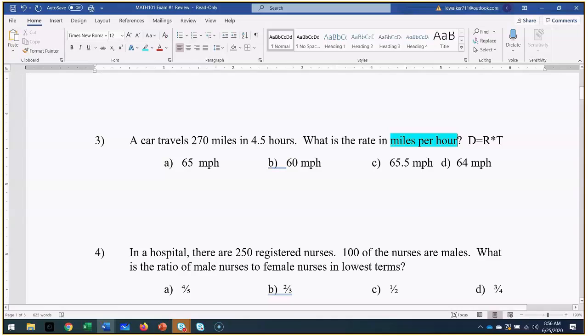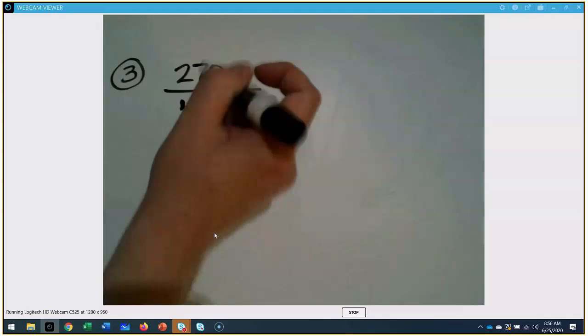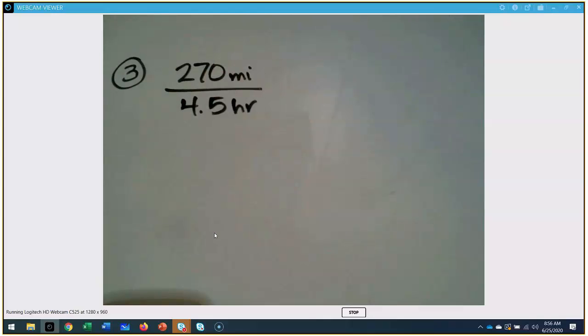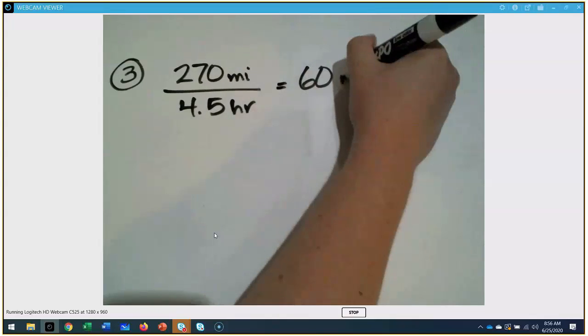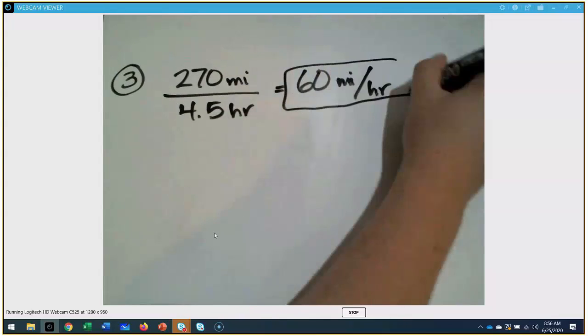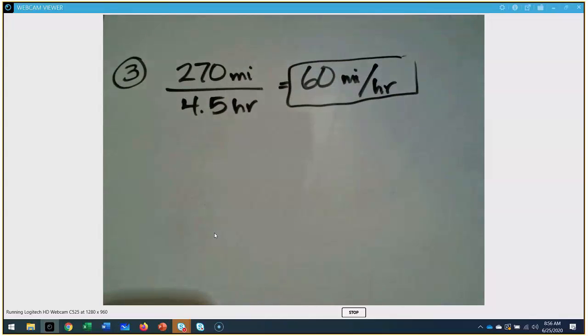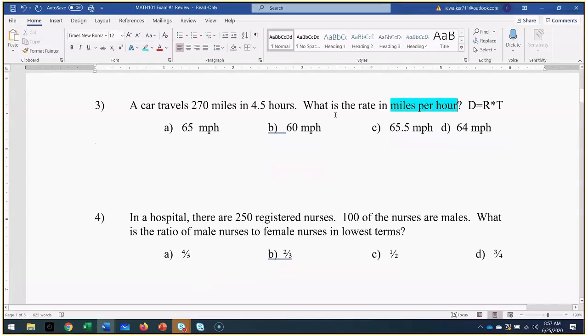That's it. So just make sure you look for the order that they're asking for the rate in, set it up in that order, and then just divide it. So 270 divided by 4.5 is 60. So 60 miles per hour. So that would be B.